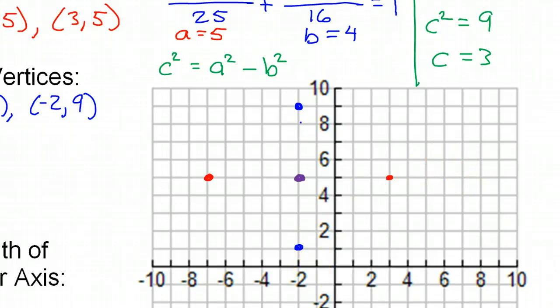Okay, so that means I'm going to go 3 to the left and right of this center point. The foci will always go in the same direction as your vertices. So 3 to the left puts me here, and 3 to the right puts me right here.